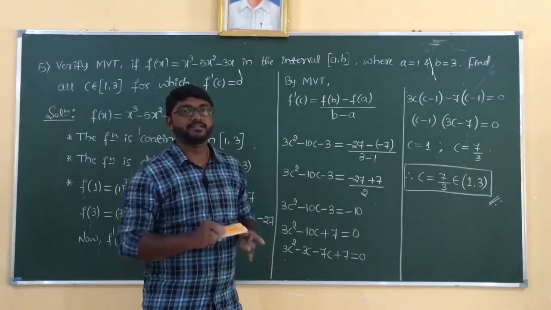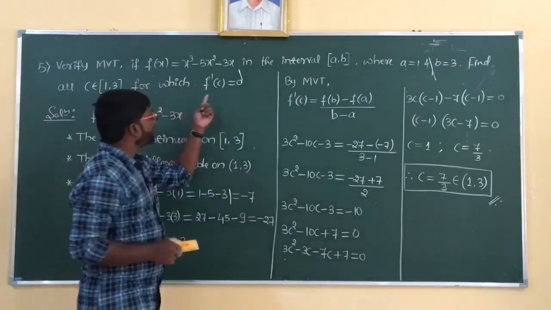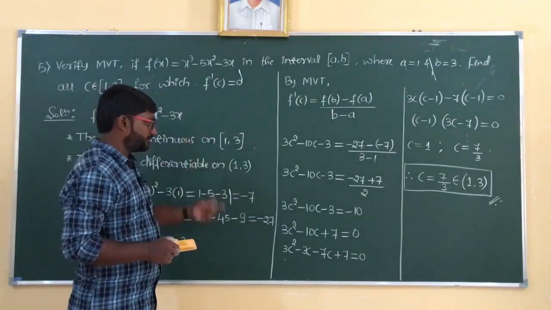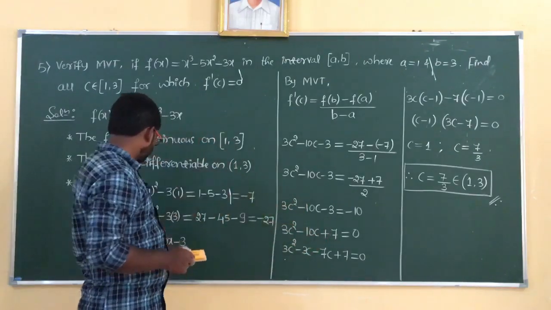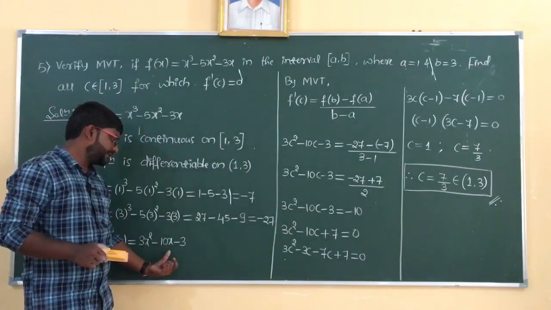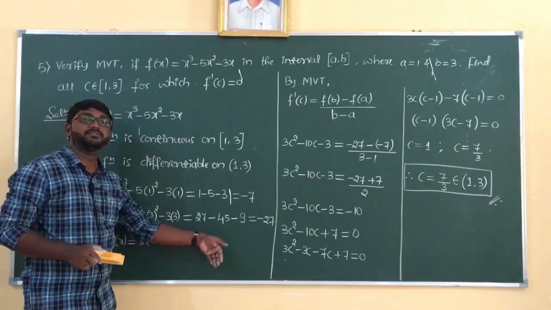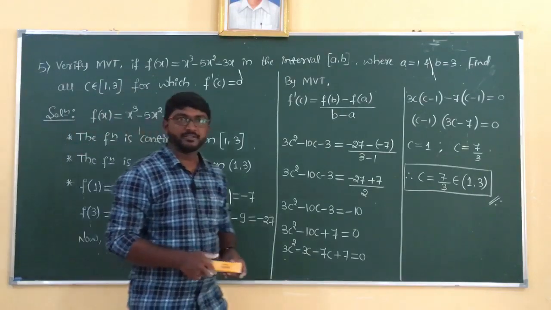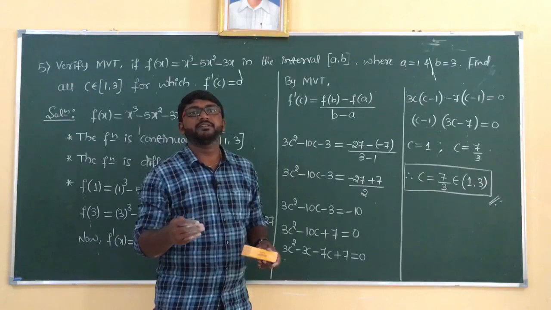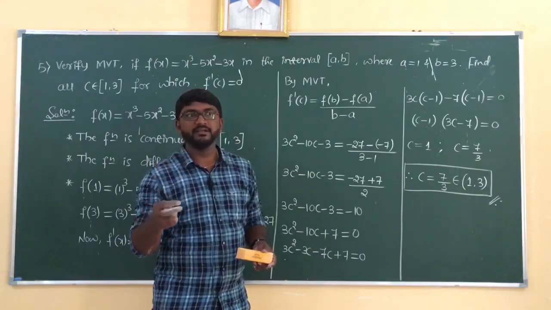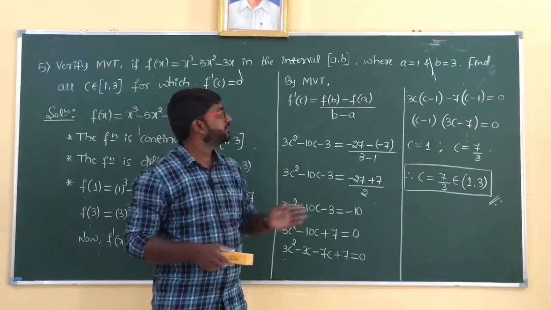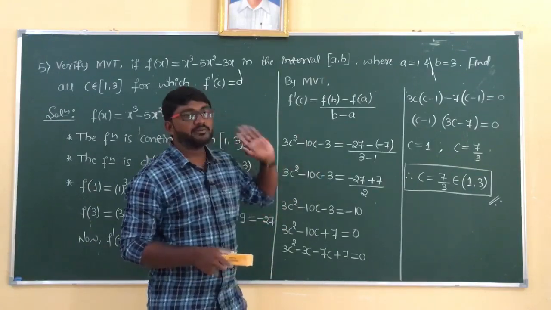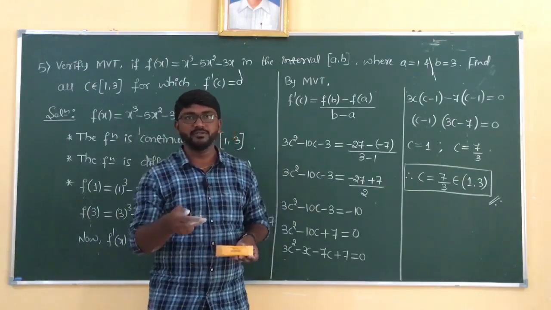In order to solve this, equate f dash of c with 0, where f dash of c is 3c square minus 10c minus 3. We get a quadratic equation, and then solve it by the formula method. At the end you will have two values of c, that is plus or minus. So that will be all about the fifth question. So pause the video to note it down.